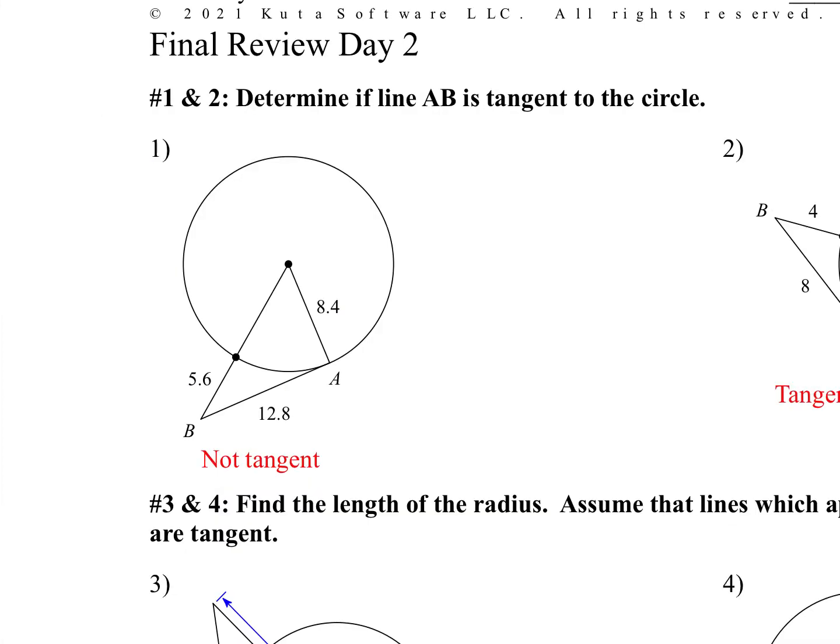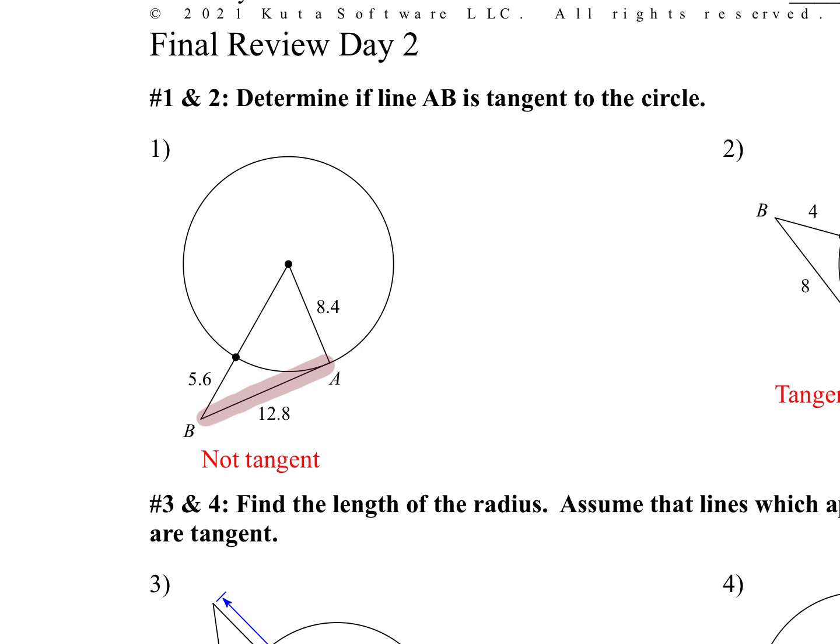It says determine if line AB is tangent to the circle. Okay. So AB is this line right here. And remember, a tangent line just intersects the circle in how many spots? One point. Okay. So it's just going to kind of glance off of it.